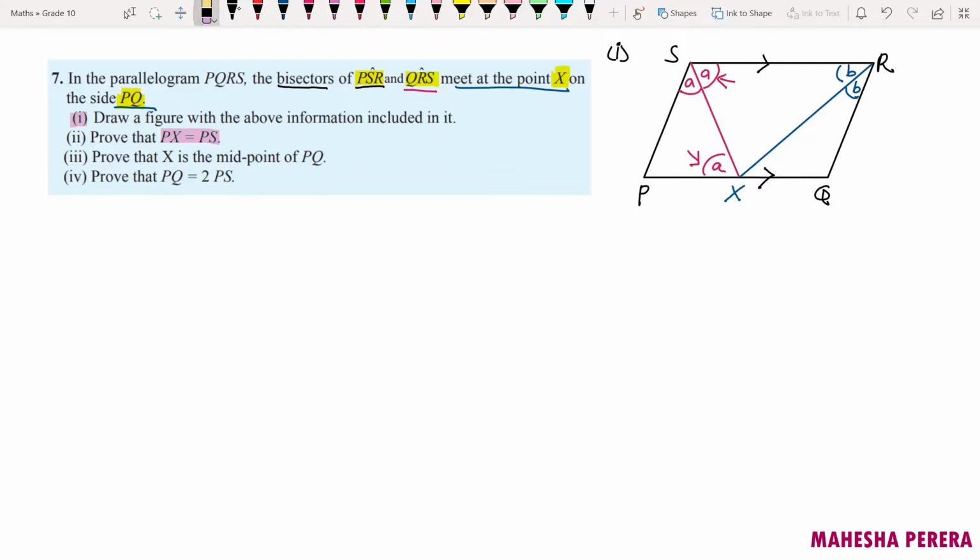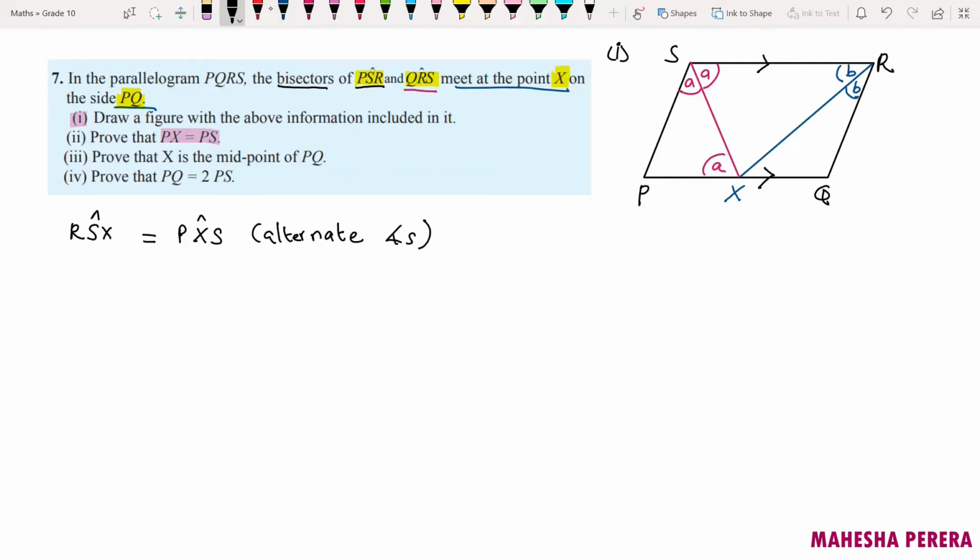So we can write angle RSX equals, what is this angle? Angle PXS, right? And these are alternate angles because PQ and RS lines are parallel lines.